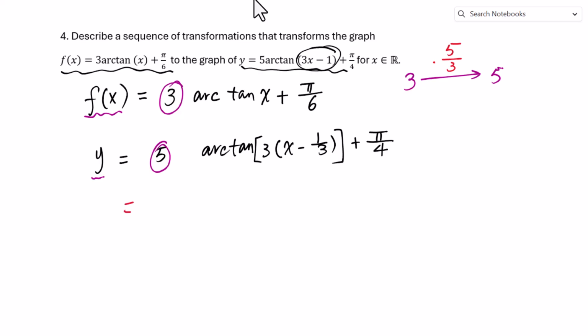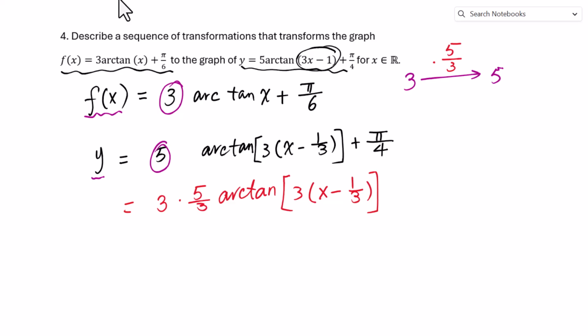Therefore, for this 5, we will change 3 times 5 over 3 arctangent, 3 out, x minus 1 over 3. As for the vertical translation from pi over 6, how do we translate it into pi over 4?